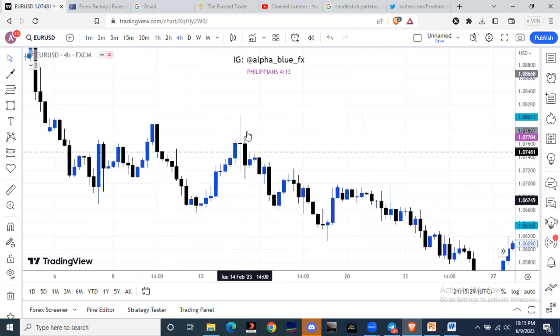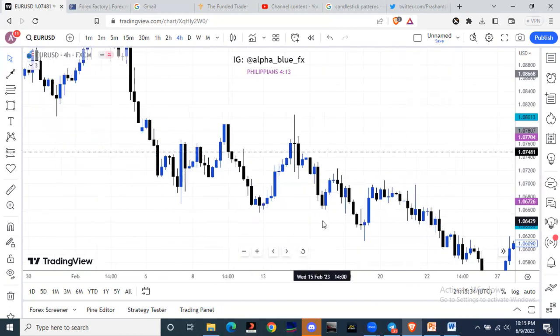Anytime you see an indecision candle at a key horizontal level, it means you're likely going to see a reversal. It's a reversal pattern candle. Look, price was going up from here. When it came to this particular level, we got an indecision candle. What does an indecision candle mean?